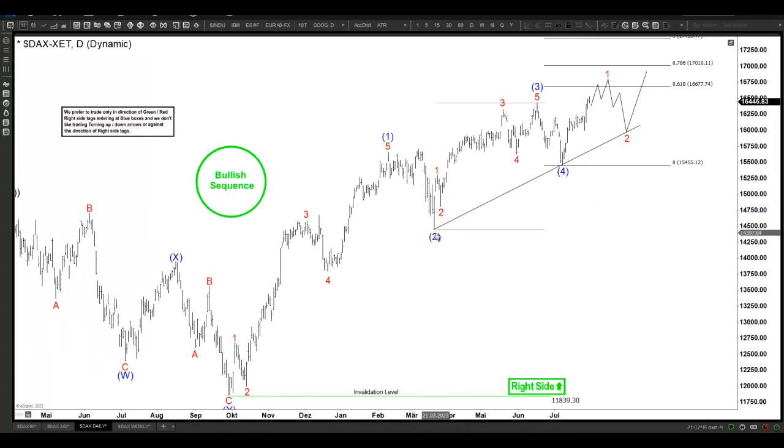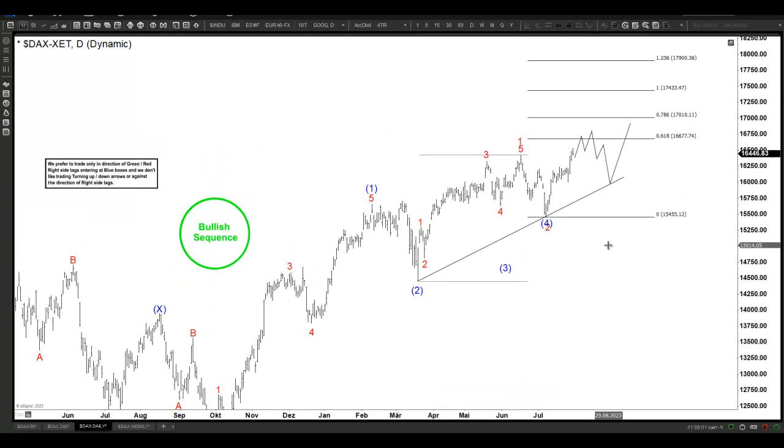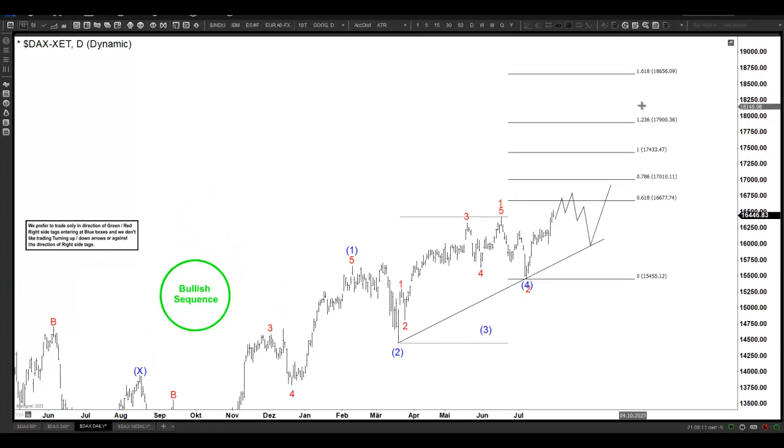It can still become the following count: 1, 2 in blue done, here 1, 2 in red finished, and if we accelerate higher, then we can still be trading within wave 3. Therefore, we will see if we break this 17,433, instead of doing wave 5 in blue, it will become wave 3 in red, and then it can reach towards 18,656 and even higher.